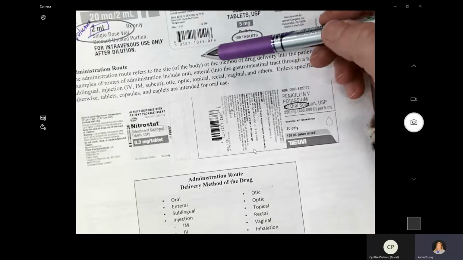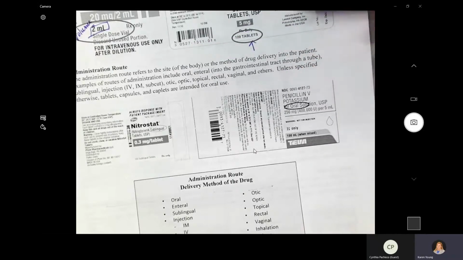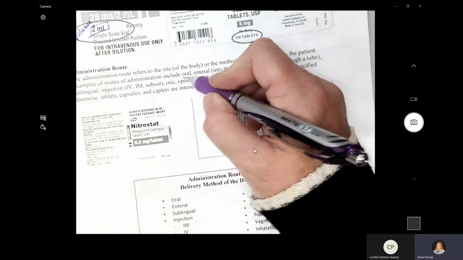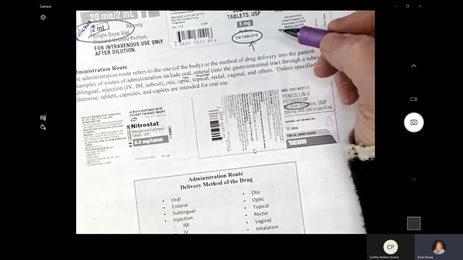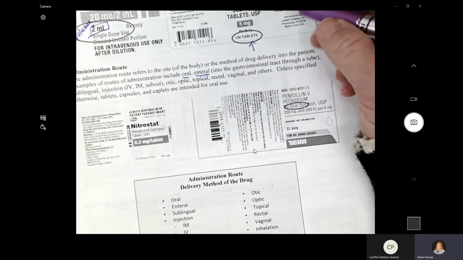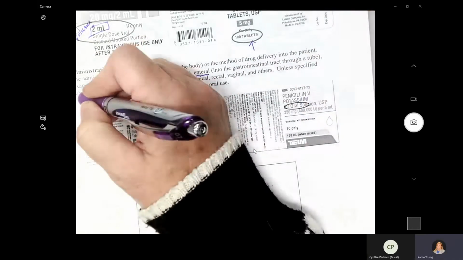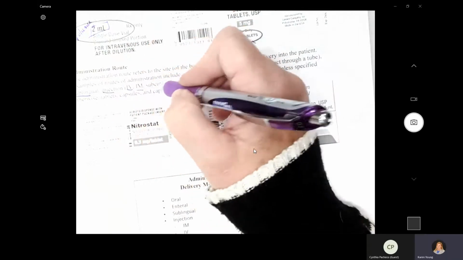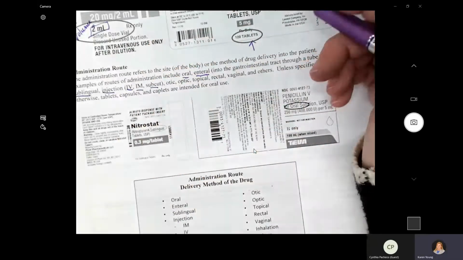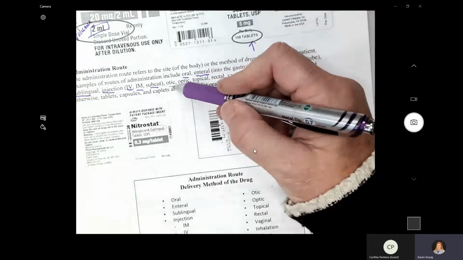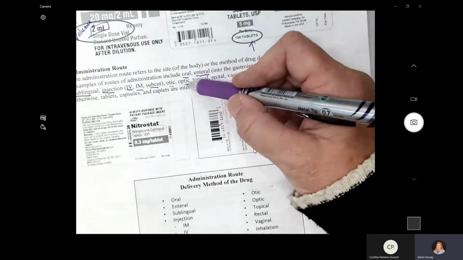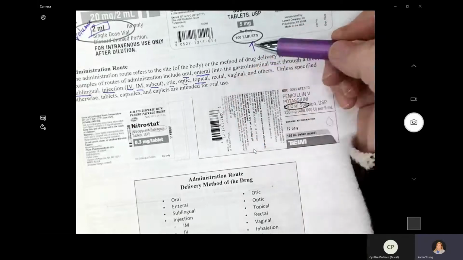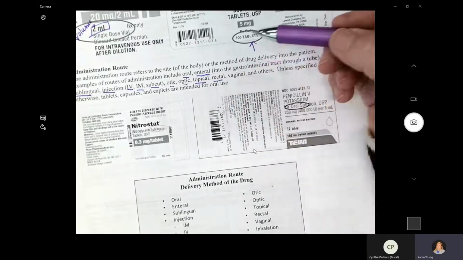All right, the administration route, that's how you're going to give it. It refers to the site of the body or the method of the drug delivery into the patient. Examples of routes would be oral, enteral, which is the feeding tubes, sublingual, which is under the tongue, and injection, which is your IV, IM, subcutaneous, ID. You've got otic, which is in the ear, optic, which is in the eye, topical, which are your creams, rectal, which is a suppository, and vaginal, which is also a suppository.